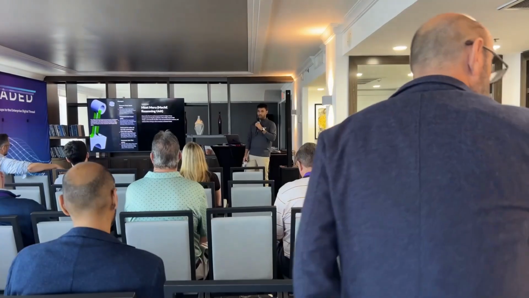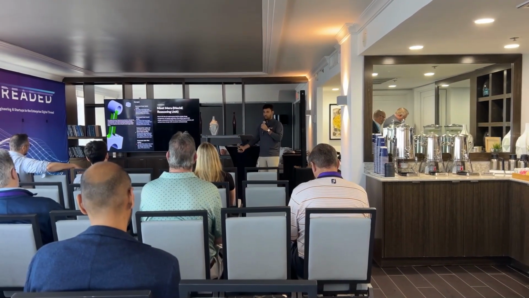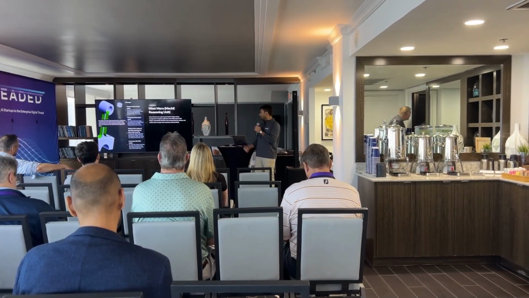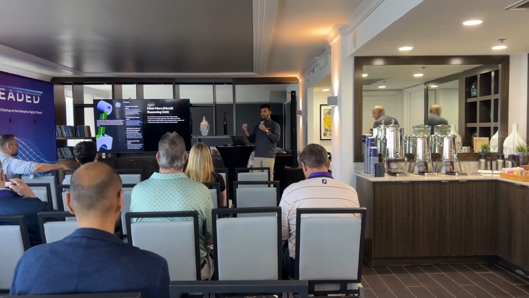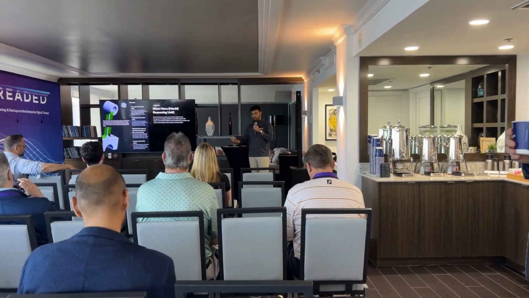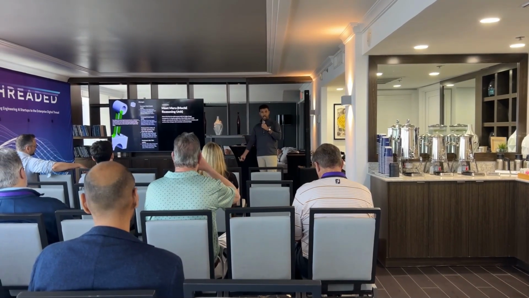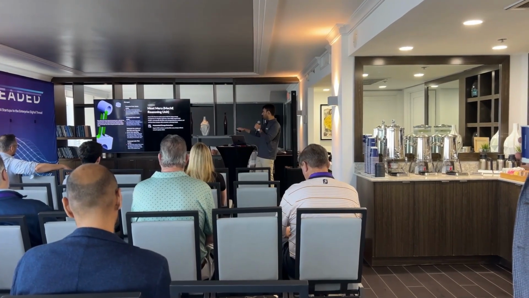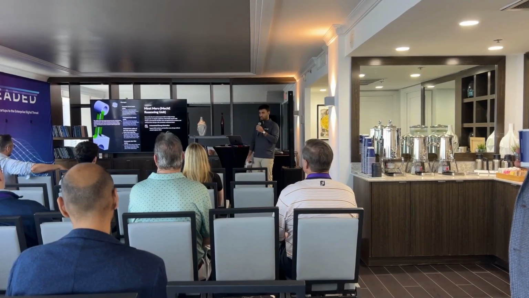So we came out and introduced our own model called Meru, which is a mechanical engineering reasoning unit. It's the first AI multimodal model that's purpose-built to not just see what changed, but understand the design context and why the change happened. The way we do this is through automated change detection.